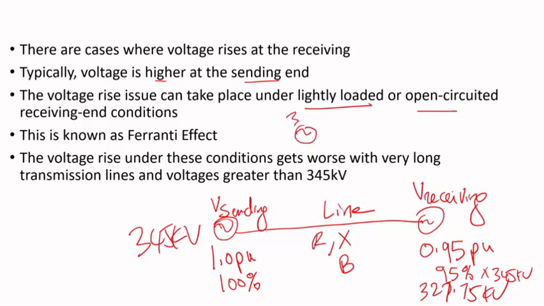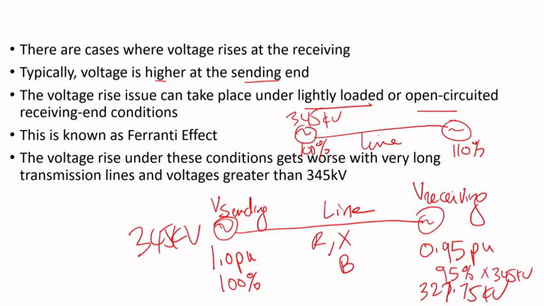In other words, if this is 345 kV, you have a line again, you have a receiving system. The voltage could be, let's say if this is 100% of rated, this could be 110%, for instance, which would be 1.1 times 345.